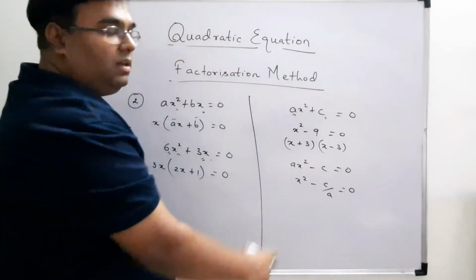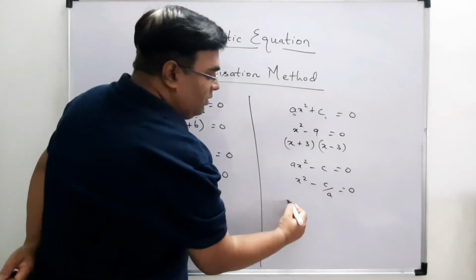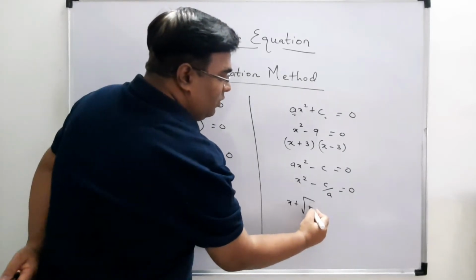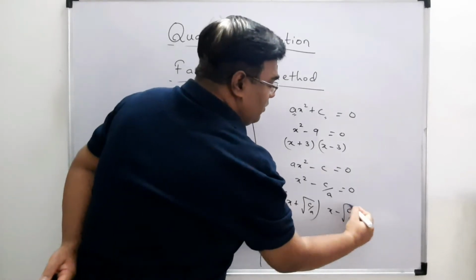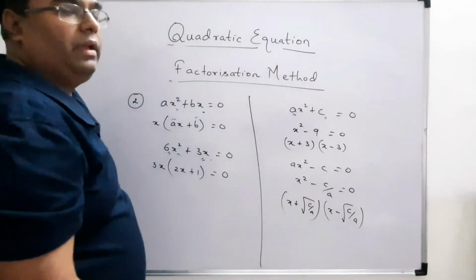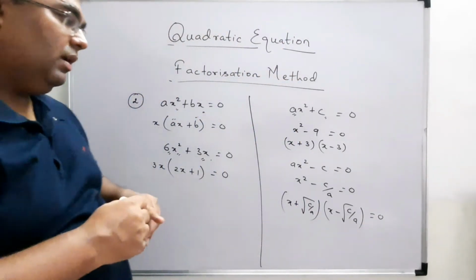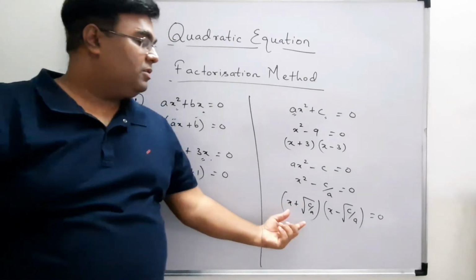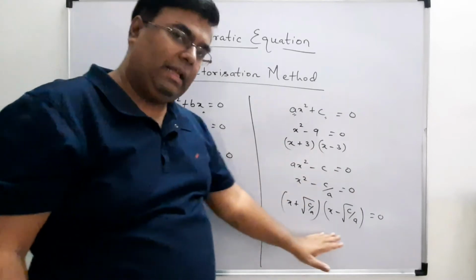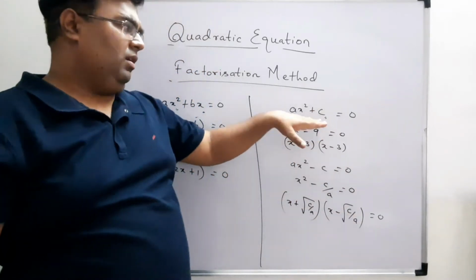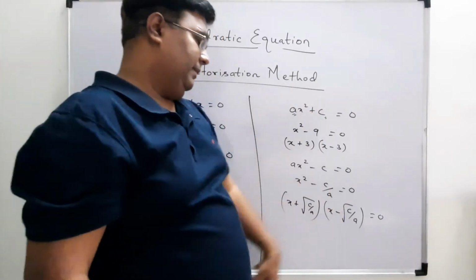What I have done is divided by a, and then you can write x plus under root c by a and x minus under root c by a. This is of the form a square minus b square, and we can write them as a plus b and a minus b. So if c is negative, we can solve like this. If c is positive, then the only option we have is to take common from a and c.